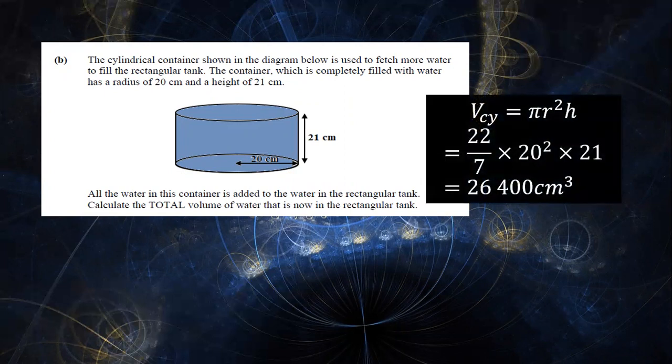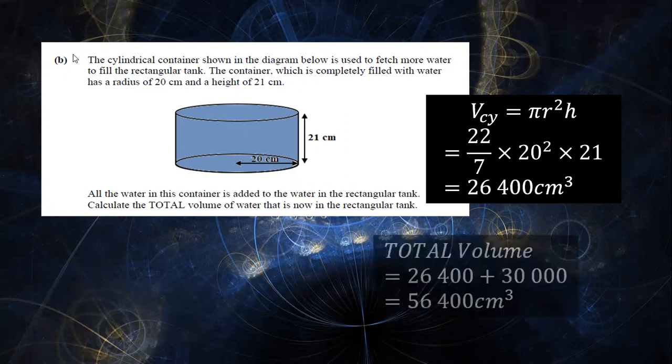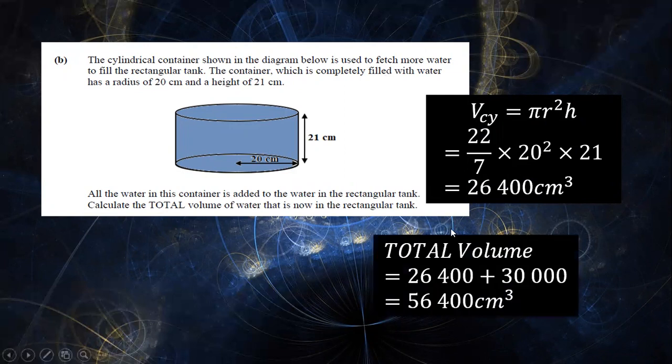So the volume of a cylinder is going to be pi r squared h, which is 22 over 7 multiplied by 20 squared multiplied by 21, which gives me 26,400 cm cubed. Next, so the total volume is going to be 26,400 plus the 30,000 from before, which gives me 56,400 totally in the rectangular tank right now, or the cuboid.